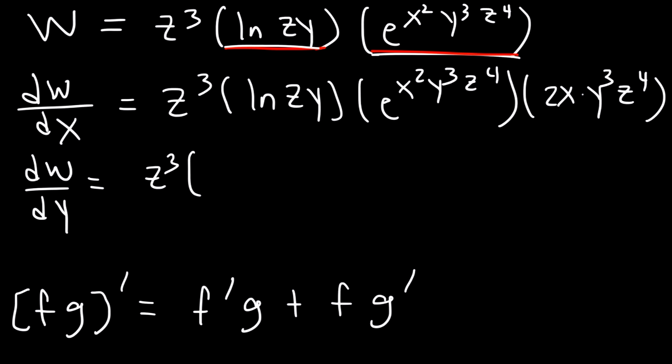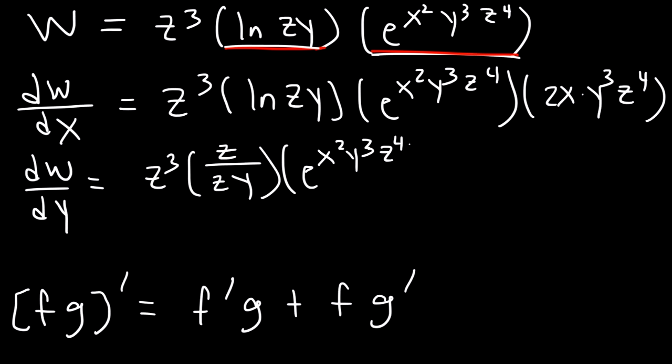So the derivative of zy is simply z times 1, or z. We're just differentiating the y variable, divided by the original zy, times the other function, which is e^(x squared y cubed z to the fourth). So this part is like f prime, and this is g.